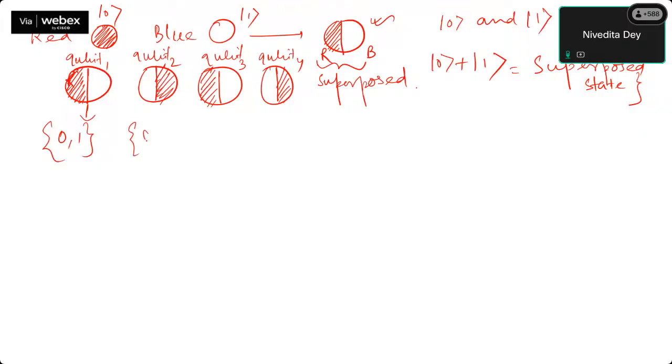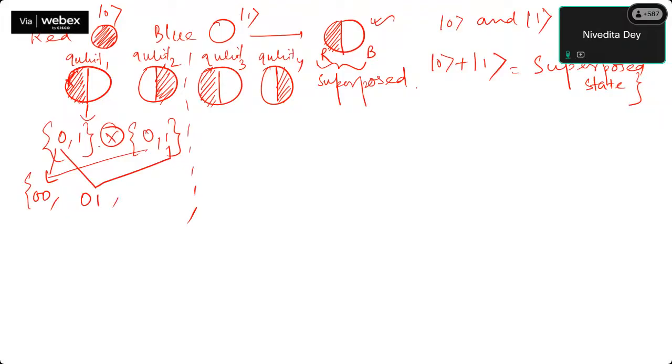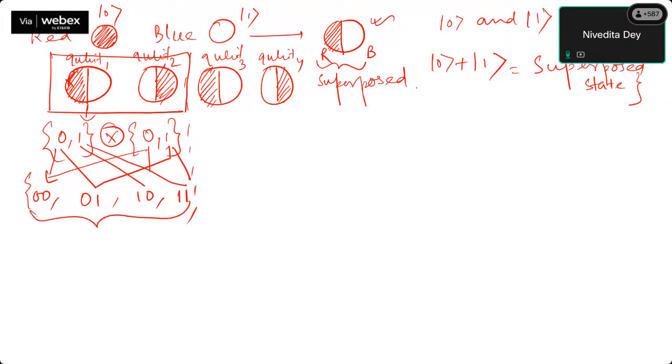So whenever you have two qubits, let me take only 2. Now if you take a tensor product, you will be getting 0, 0, then 0 and 1, then 1 and 0, and then 1 and 1. So that is why we say whenever there is a two qubit system together, say two photons together, that will result in 4 states.